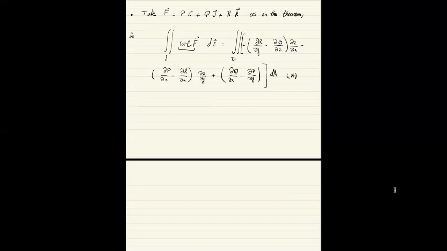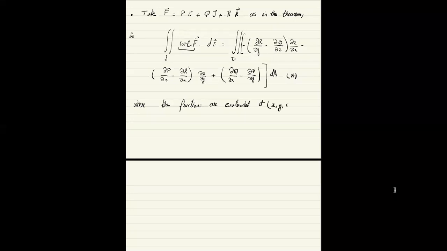Remember when you integrate a surface integral, the integrand, which is the function that you are integrating, has to be evaluated on the surface, where the functions are evaluated at x, y, g(x,y).